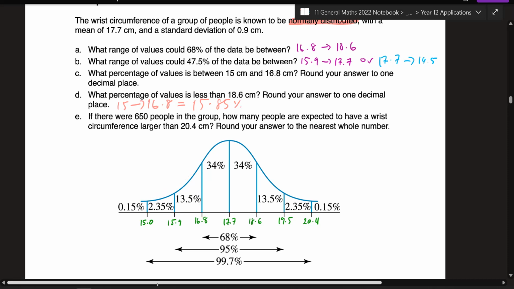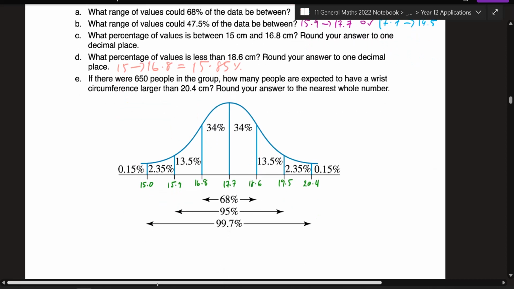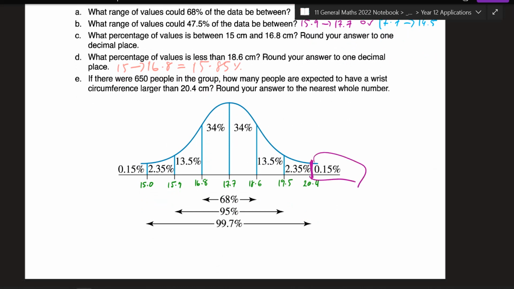Question D, if there were 650 people in your group, how many are expected to have a wrist circumference larger than 20.4? Round your answer to the nearest whole number. Larger than 20.4 would be all the values above there. So it's 0.15%. So it's going to be 0.15% of 650 people.